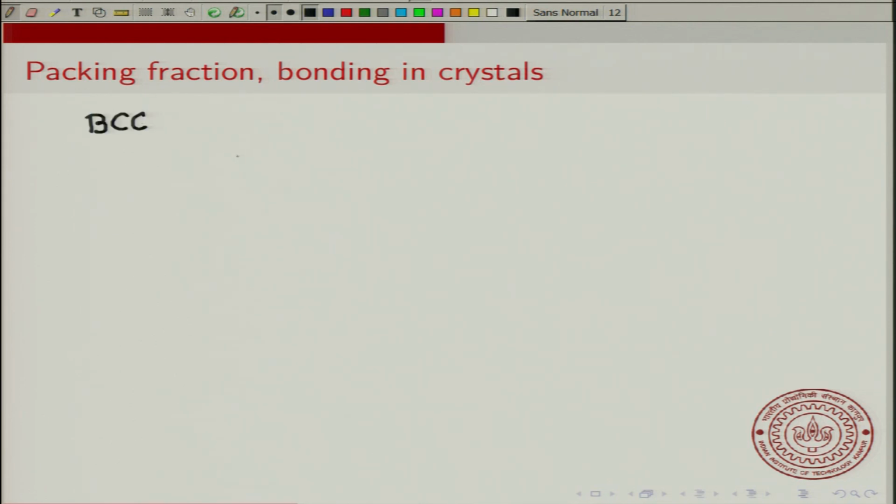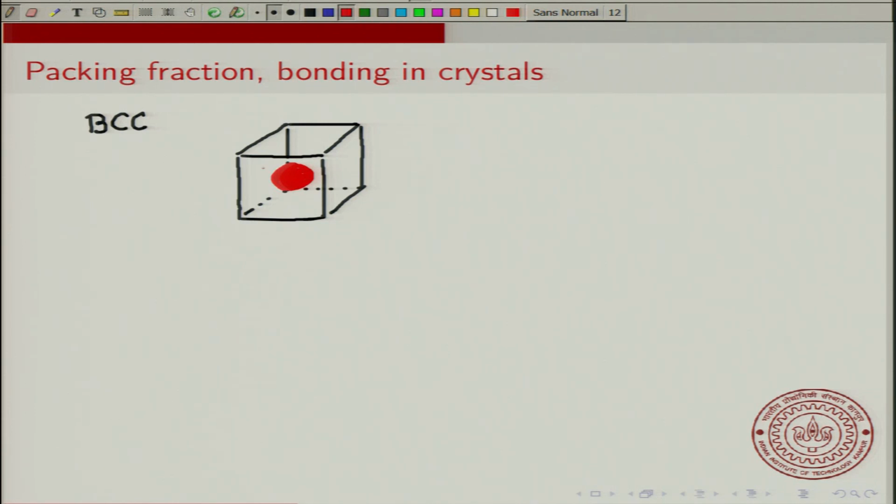So in BCC, if you look at the structure of BCC, you have a cube, and you have an atom at the body center. Now, this atom at the body center, okay, let us draw it as a sphere. I am deliberately drawing it a little big.